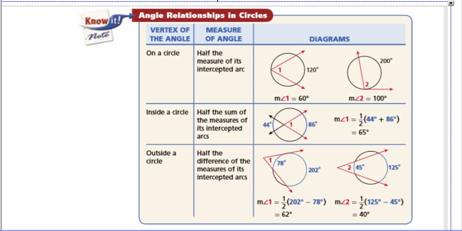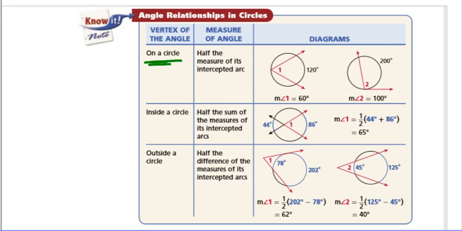Let's summarize the lesson. Angle relationships in circles. These are the rules of this lesson. If the vertex of the angle is on the circle, the angle equals half the measure of the intercepted arc.